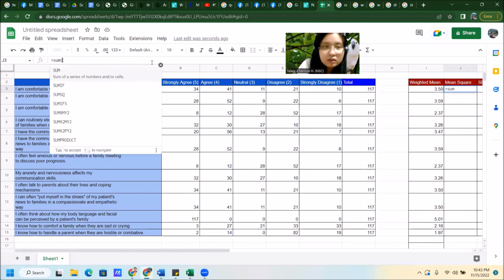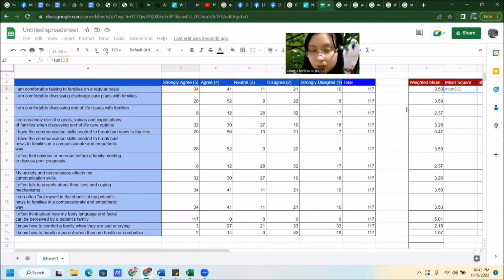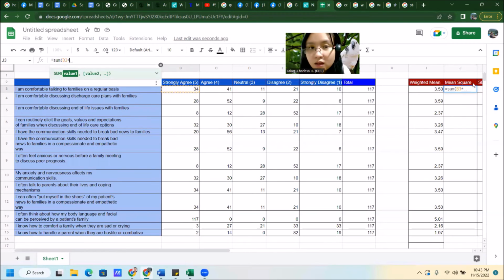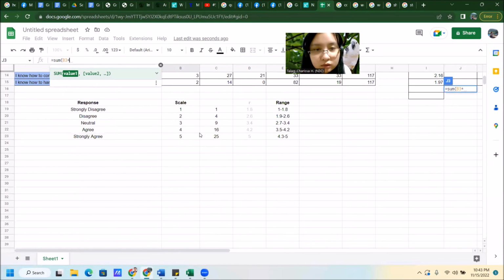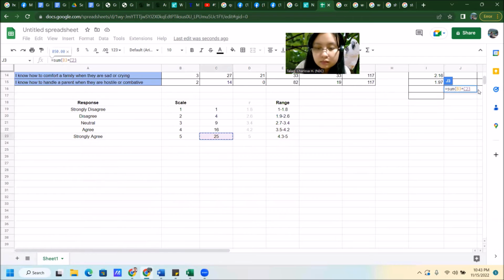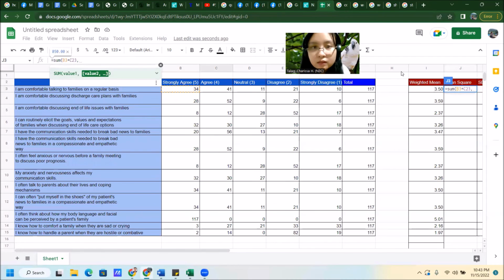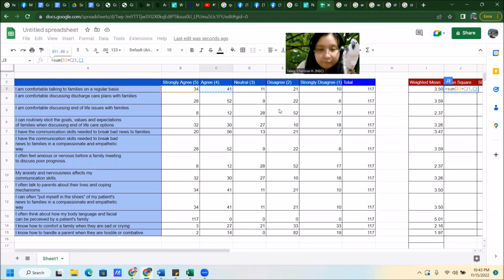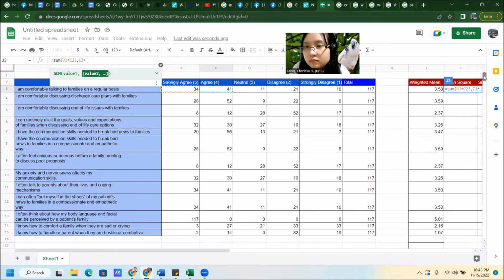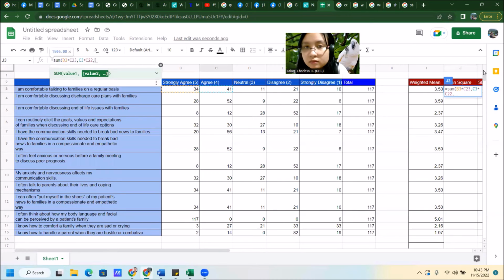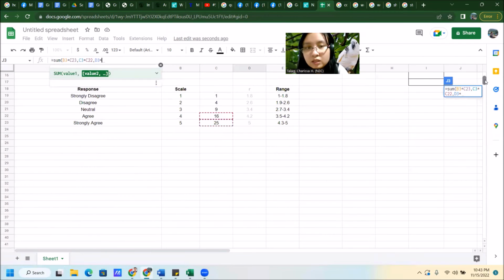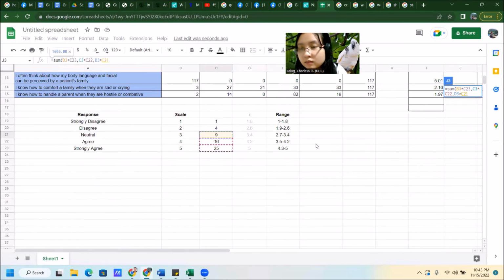We're gonna start with this. Sum 34 times strongly agree equal to 25 plus 41 times agree is 16 plus 11 times neutral, mean square niya ay 9.